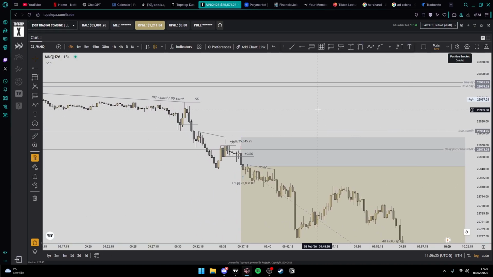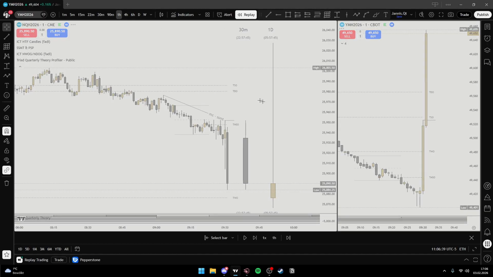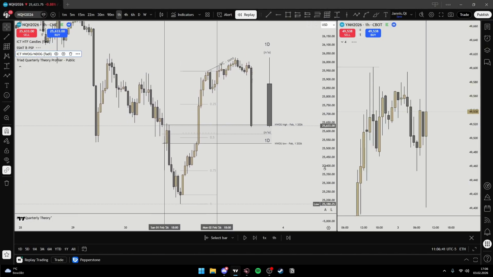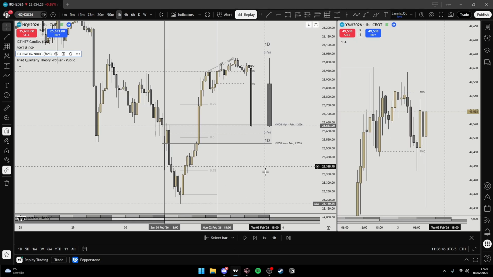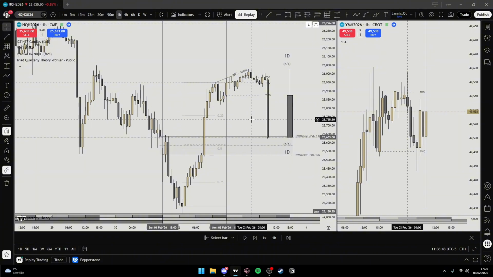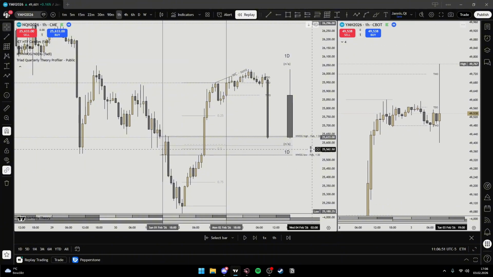Today was extremely simple, and I just want to show you how simple it was. Obviously my trade played out, as you can see, so I don't need to get into that specifically.